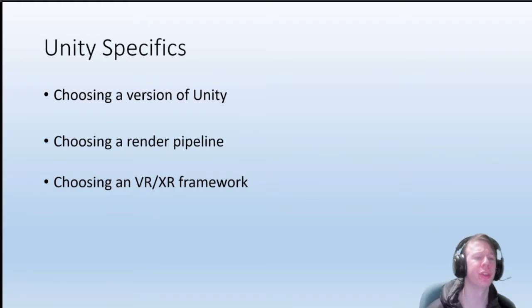If any of you are Unity developers, you'll know that we've been in this render pipeline hell for 1 to 2 years, where it's quite hard to decide what render pipeline you should use. It's one of those new things Unity's added, where the new thing's better, but it's missing features. So do you want the old thing that's complete or the new shiny thing that's somewhat incomplete? And then we'll talk about choosing a VR framework.